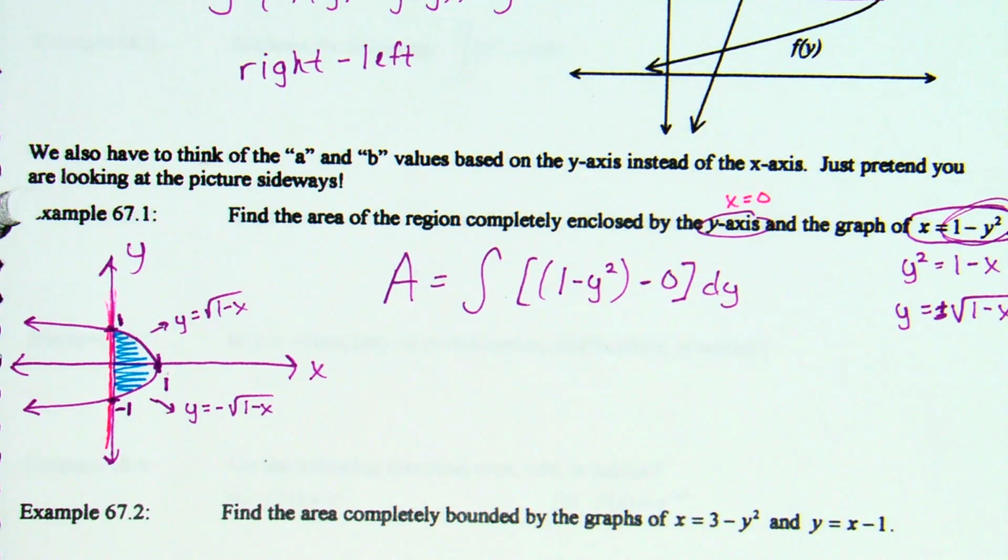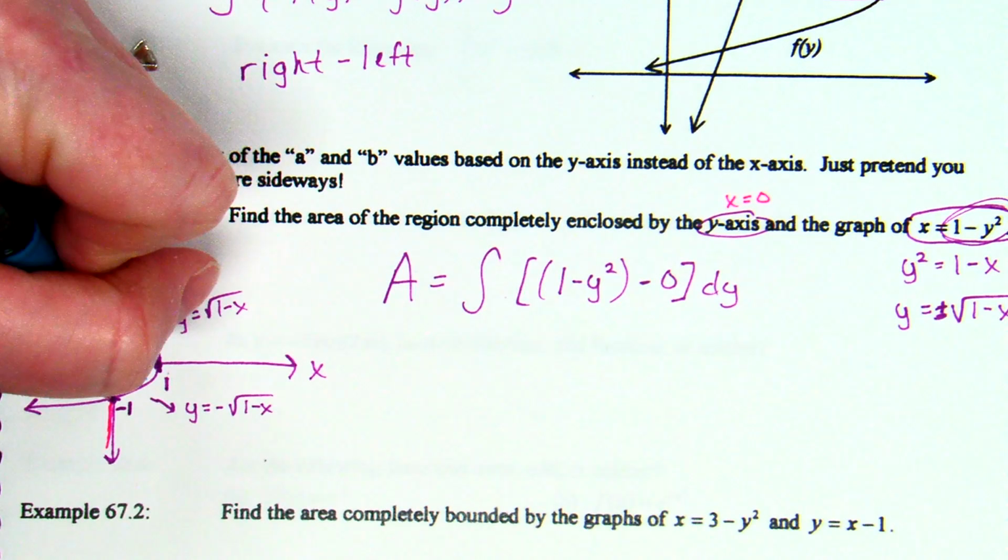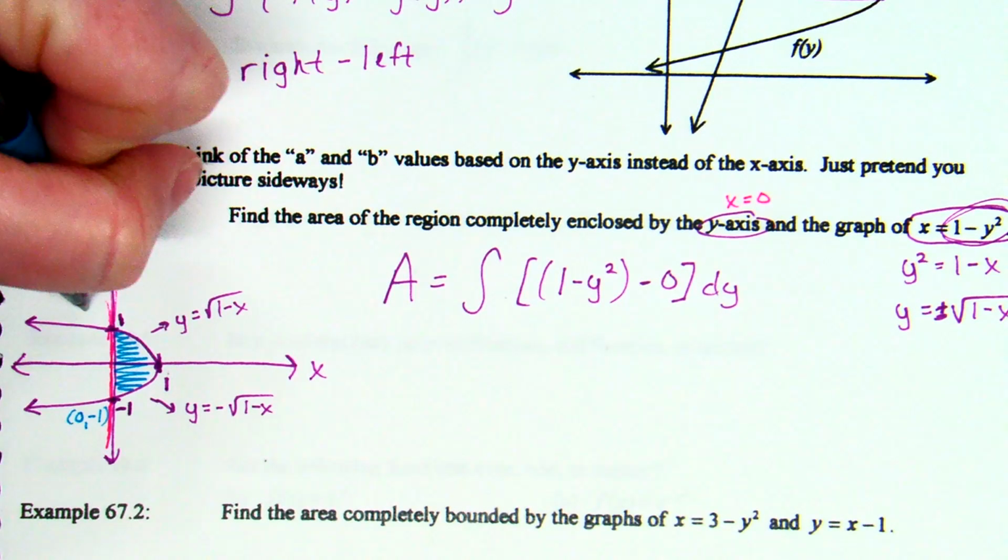Now, boundaries. Speaking of, what are my a and b values? What are my number boundaries here? -1 and 1. Now keep in mind, does that make sense? Are those y values? If you think in terms of ordered pairs, this ordered pair right here is 0, -1. This ordered pair up here is 0, +1.